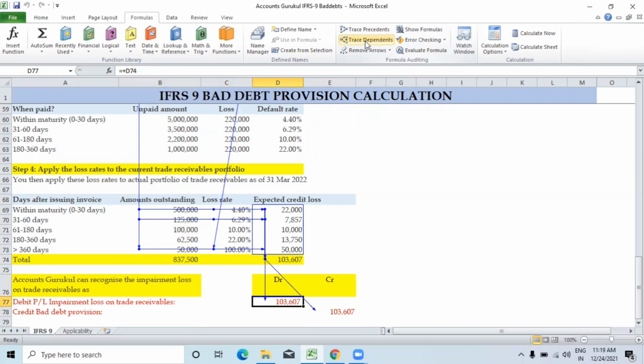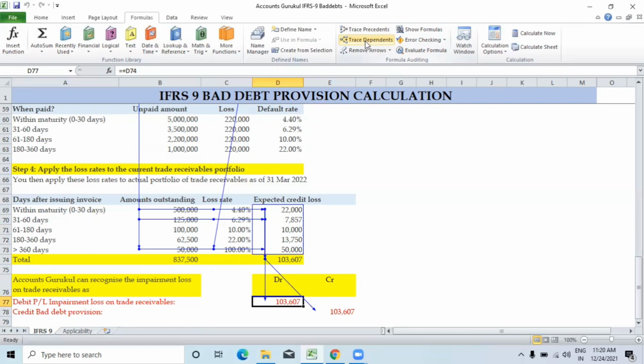And we know that we have to follow the 4 steps. The first is to look at our previous data, how much is the historical collections and how much is the total write-off. Based on that, we have to add some future predictions based on our business, how it's going to be and how it's going to impact our collections. And we have to derive the default rate based on the forward-looking approach.